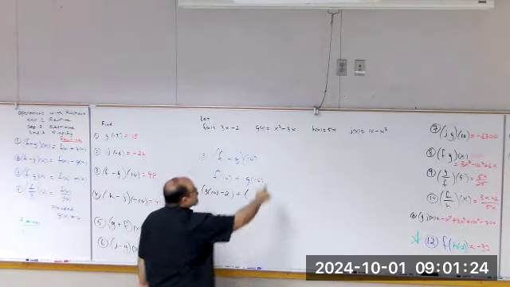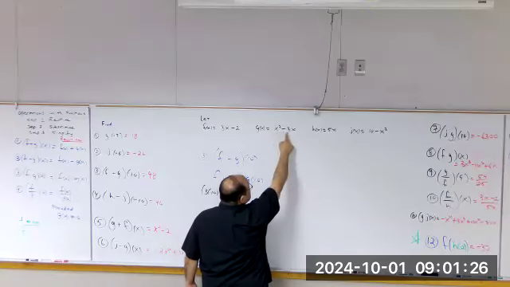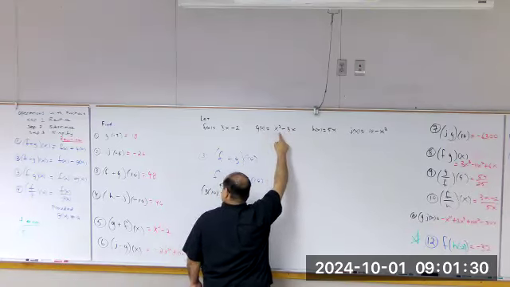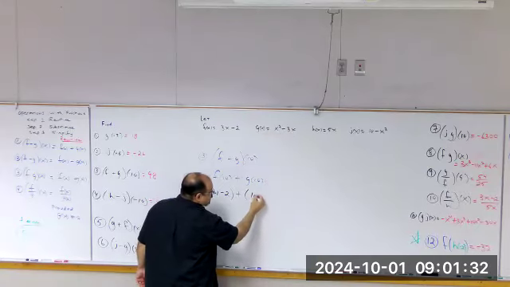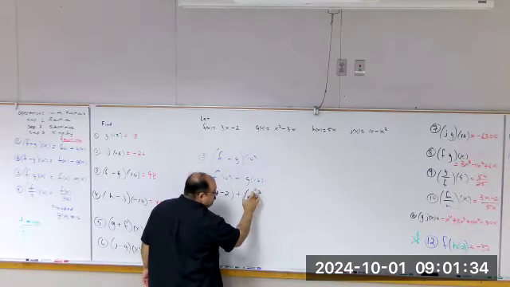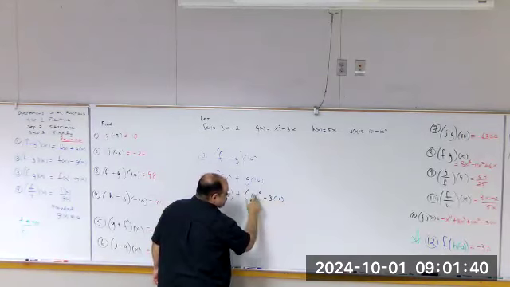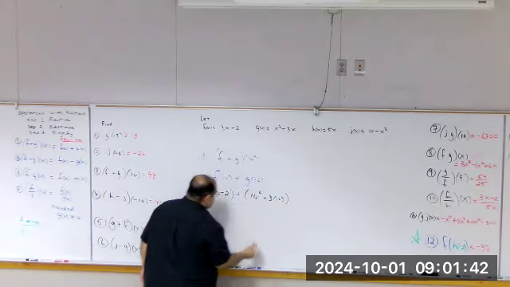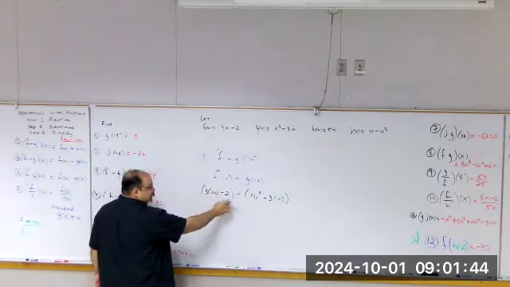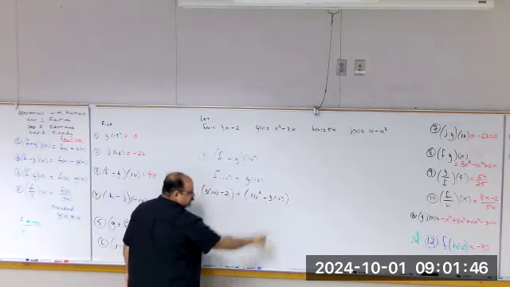Whatever goes into g, you're going to square it minus 3 times that. So 10 goes in: that's 10 to the second, and then minus 3 times that 10. So this is f of 10, and we're going to add g of 10 to it.